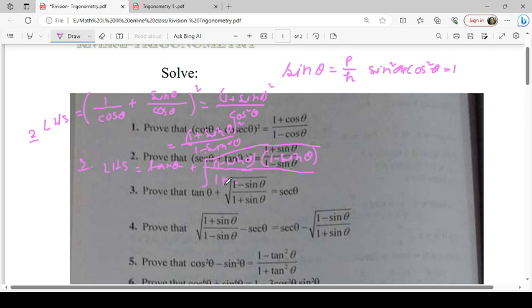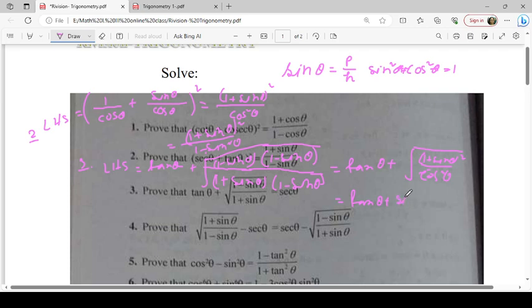So the denominator is 1 plus sine theta into 1 minus sine theta. Then this is equal to tan theta plus the square root of 1 plus sine theta whole square over 1 minus sine square theta, which is cos square theta. After taking the square root, we have tan theta plus 1 plus sine theta by cos theta, so it is sec theta.